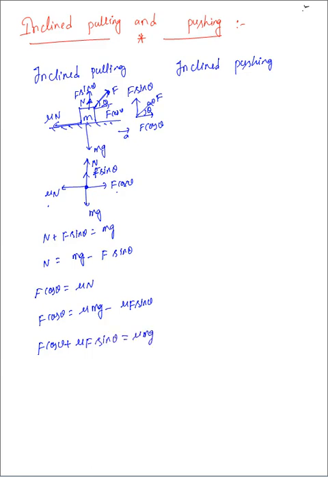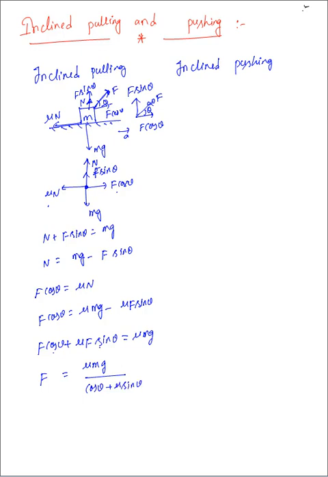Separate this F here. If I take F common, F equals mu mg divided by cos theta plus mu sin theta. So this much we got as the answer.